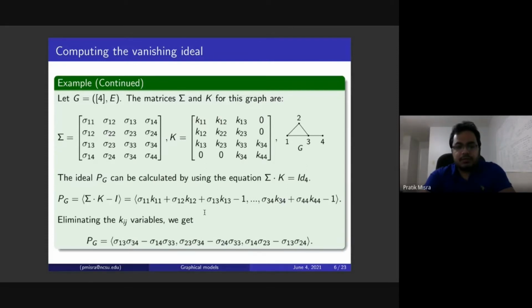For this graph, the vanishing ideal looks something like this. It is generated by sigma 13 sigma 34 minus sigma 14 sigma 33, sigma 23 sigma 34 minus sigma 24 sigma 33, and sigma 14 sigma 23 minus sigma 13 sigma 24. As you can see, these generators are basically 2 by 2 minors of the covariance matrix sigma, and that is something we'll be looking into in more detail.